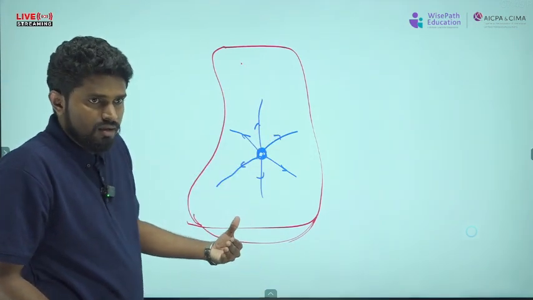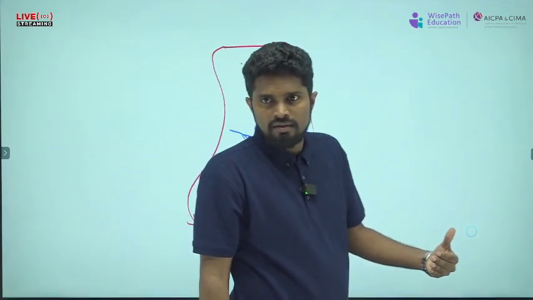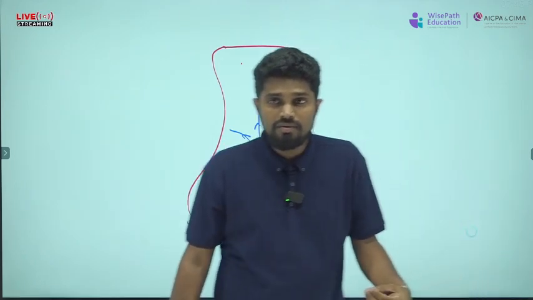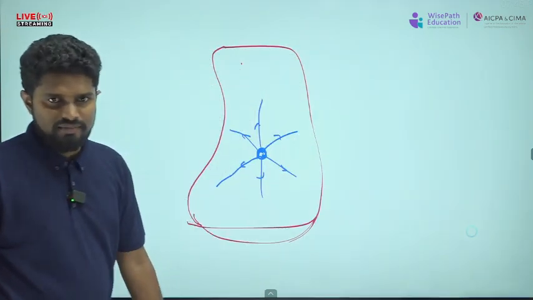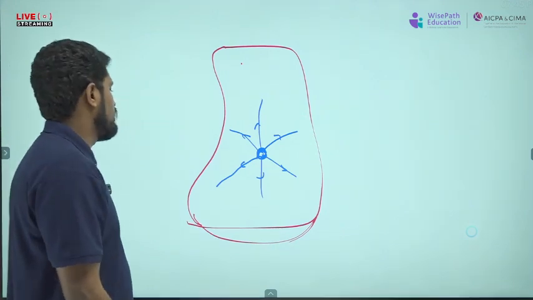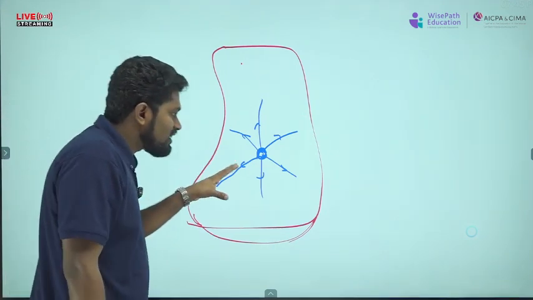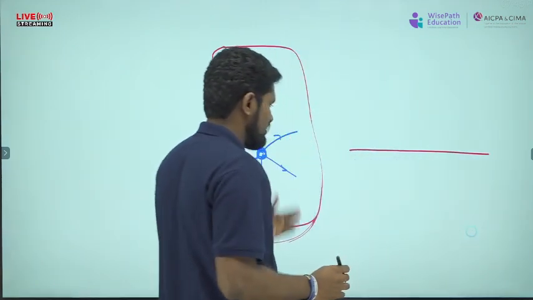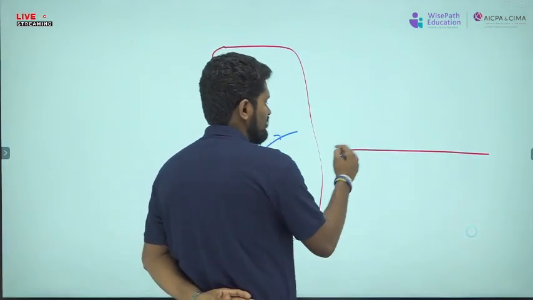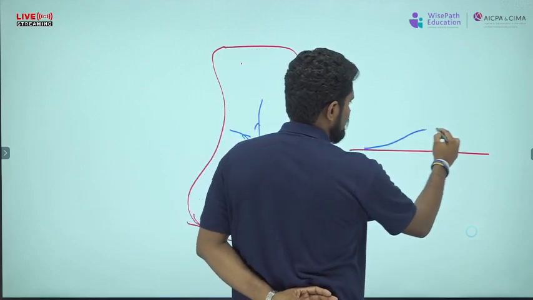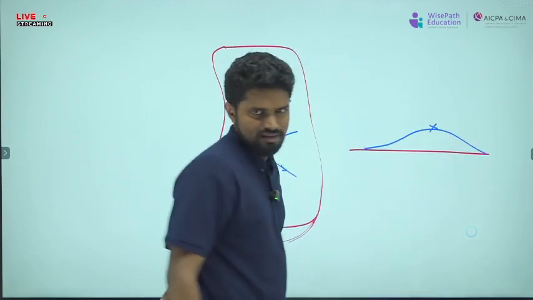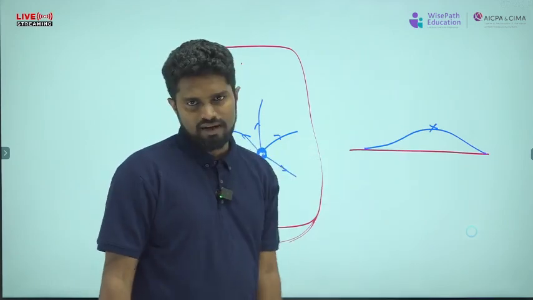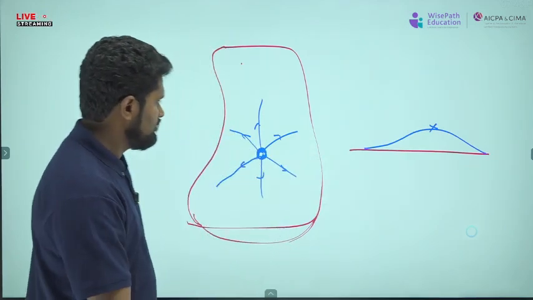Okay, ground side to sea level, guys. The reason is, if we consider the level of the sea, then this is the sea level and this is the ground level, this is the ground.